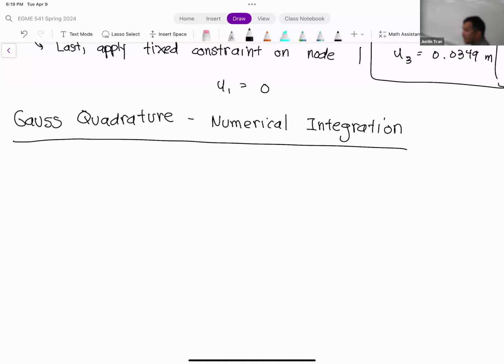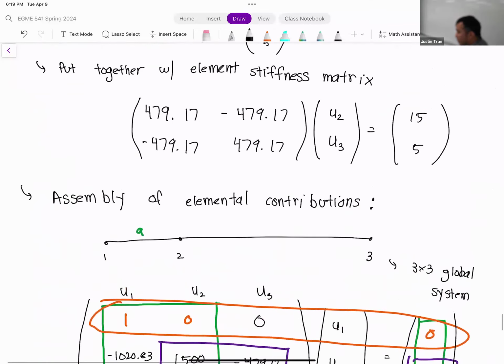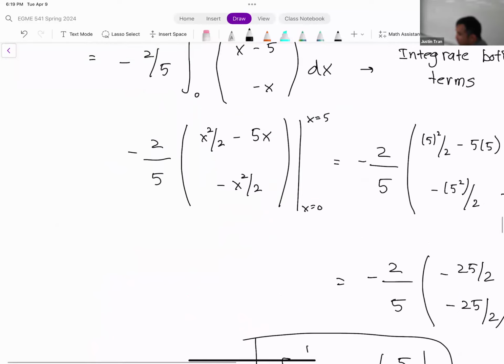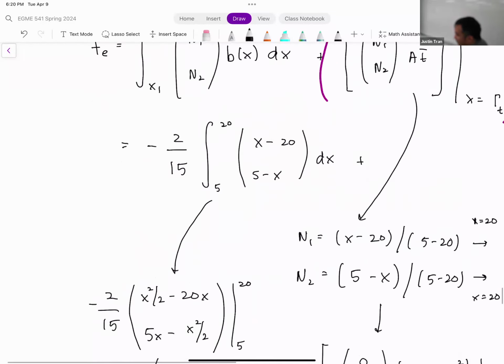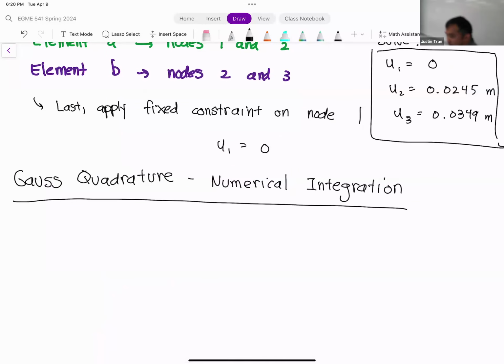So let's take a step back and look at everything that we've done so far. The last example that we did basically spanned 2 whole lectures. But a big part of that example, and a big part of finite elements in general, is evaluating all these different integral expressions.